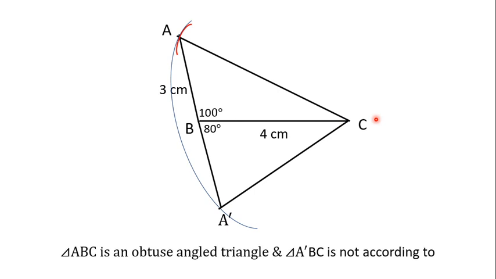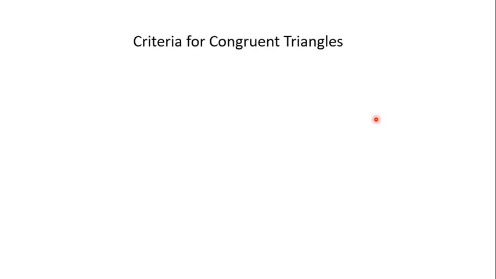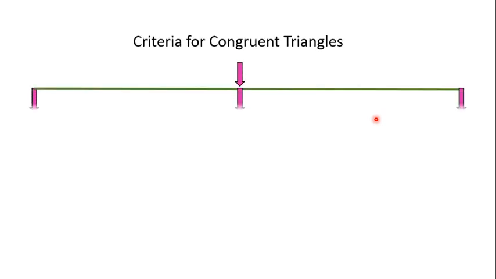So this is another very interesting point. So the criterion for congruent triangles, can we conclude like this? There are only three possibilities, three criterions are there. So the number one is SAS, the second one is SSS, and the third one is ASA.